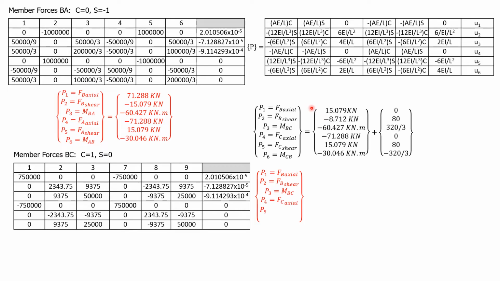The axial force of member BC is the shear force of member BA. And we have 71.288. The shear of BC is the axial force of member BA. That's why they are equal, 71.288. And so on and so forth. And the moments. So these are the answers for member forces.